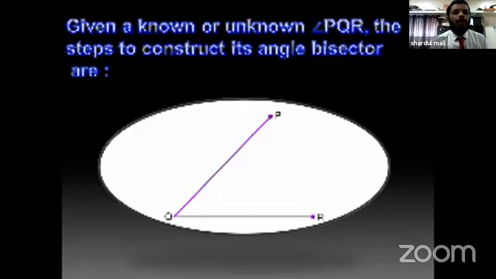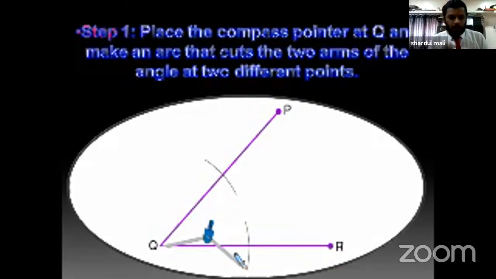The vertex is point Q in this angle. Next step, place the compass pointer on point Q, the vertex, and make an arc that cuts the two arms of the angle at two different points.